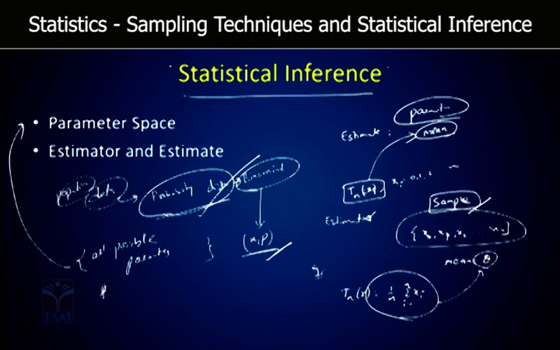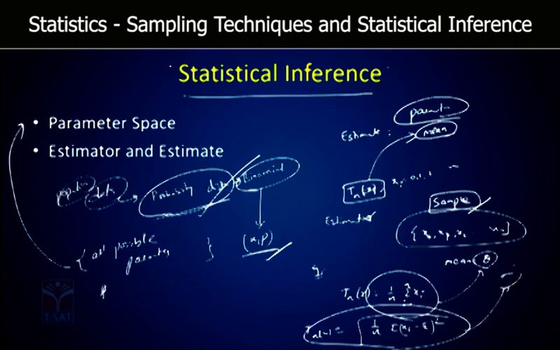It may be any function. Now if I am finding the standard deviation, my Tn of x will become the square root of 1/n into the summation of (xi minus x bar) whole squared. This is an estimator for estimating the standard deviation of the population. So the function you write to estimate a population parameter is nothing but an estimator.